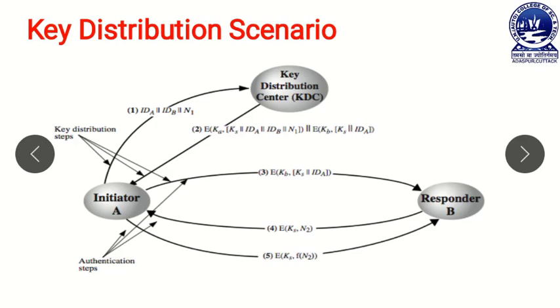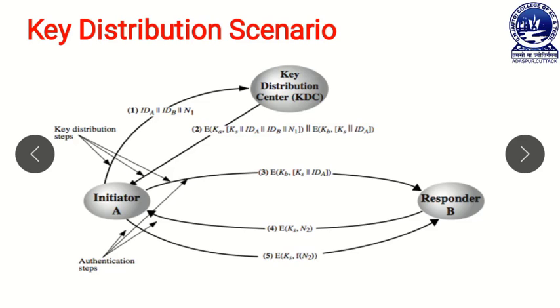Now look at the key distribution scenario. In this scenario, this is the initiator A, that means the sender, and this is the responder B, which means the receiver. Now this is the key distribution center, that is the KDC. Assume that each user shares a unique master key with the key distribution center, the KDC.